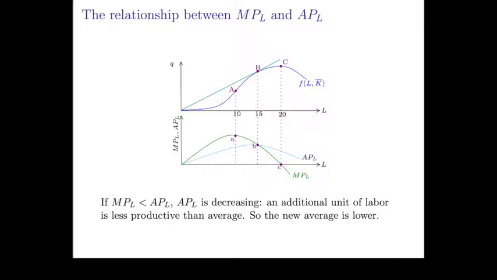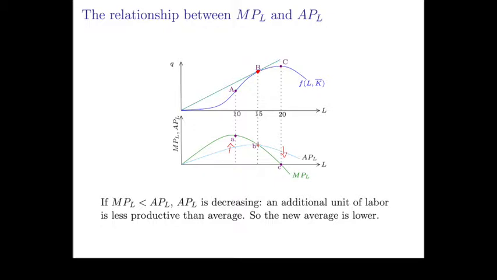So what we see is that when average product and marginal product are equal to one another, average product is going to be at its highest, because to the left, marginal product is going to be higher, and so average product is increasing. To the right, average product is decreasing.